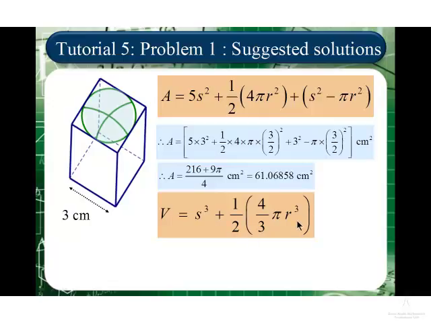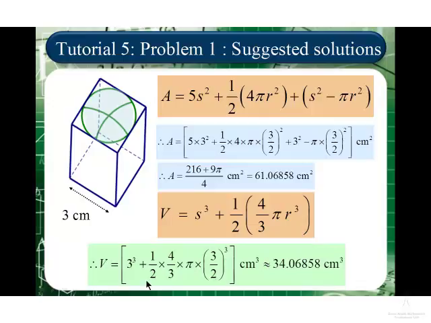Substituting the values once more, s is equal to 3, and we know that the radius r is 3 over 2. We have the volume approximately equal to 34.06858 cubic centimeters, again to 5 decimal place accuracy.